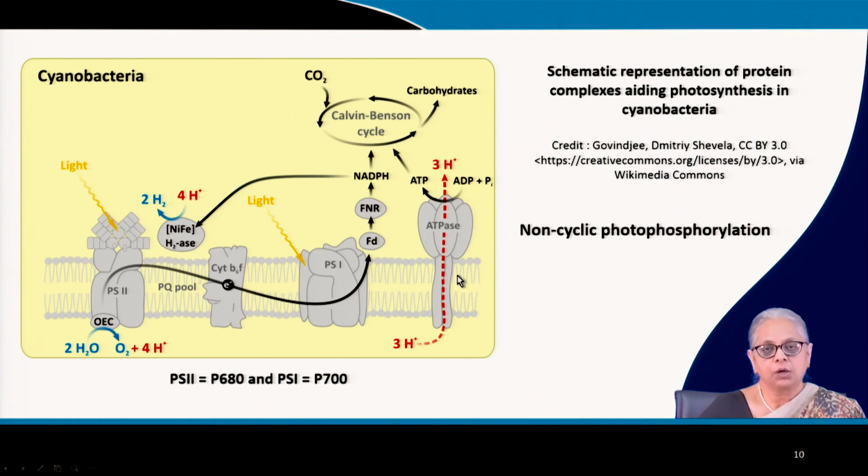The only major difference between this and, let's say, aerobic respiration, where you see a similar kind of process, is that ATP as well as reducing power in the form of NADPH are utilized in the Calvin-Benson cycle to convert CO2 to carbohydrates and other organic compounds. We will take a look at all these processes in a little bit.